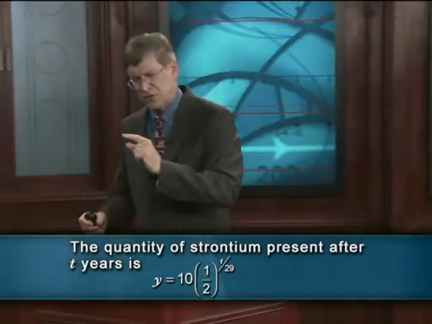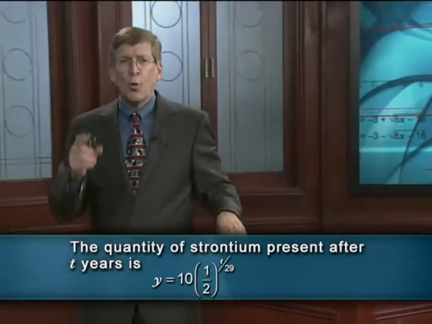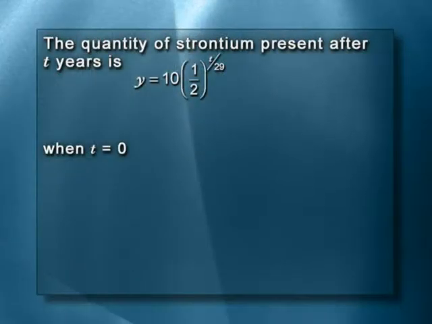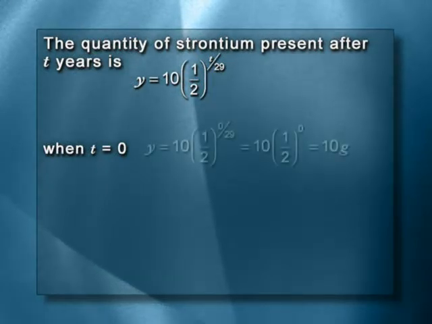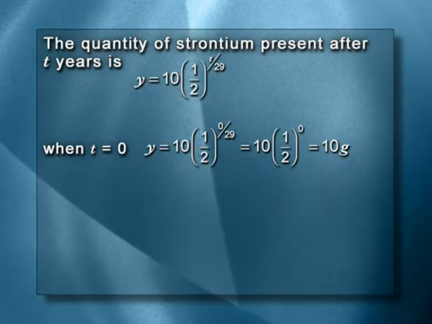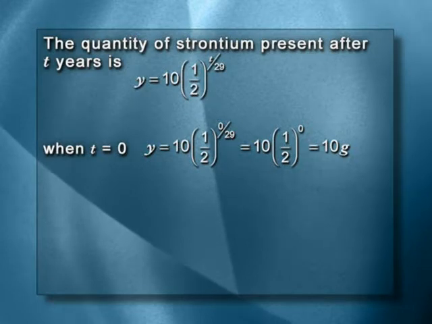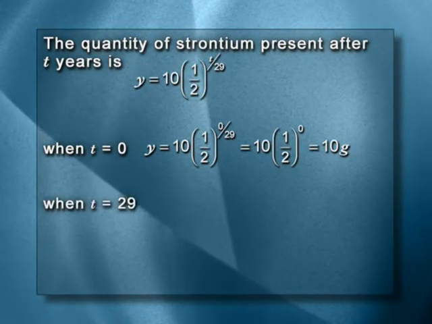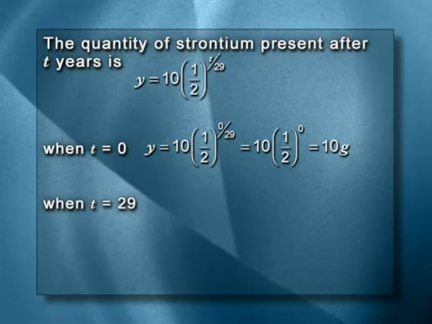Let me ask some questions about this model. What's the initial mass according to this model? Well, let t be 0. That's the initial mass. How much do I have right now? When t is 0, 1/2 to the 0 is 1, and 10 times 1 is 10. So that 10 in front of the model is the initial amount of strontium-90. How much do I have when t is 29?